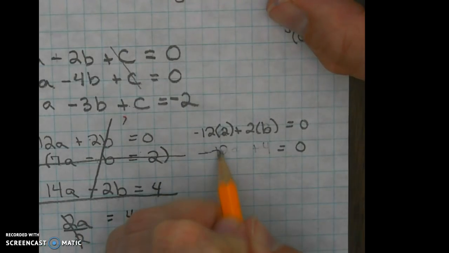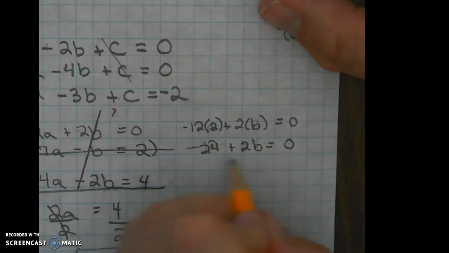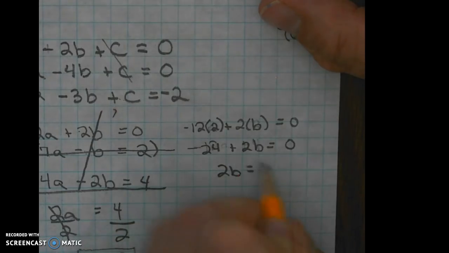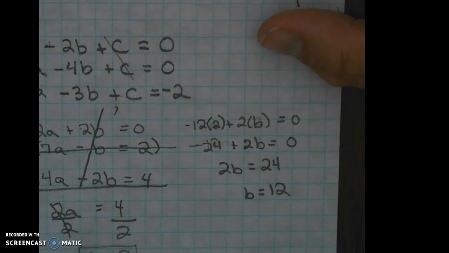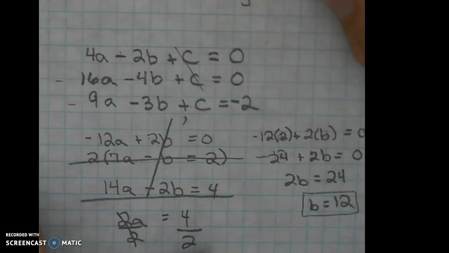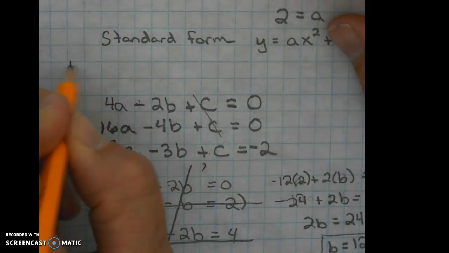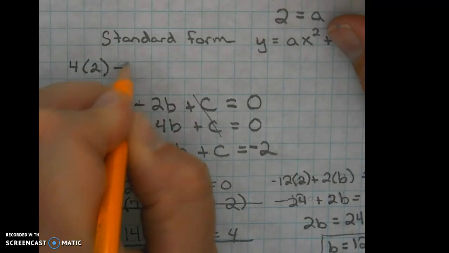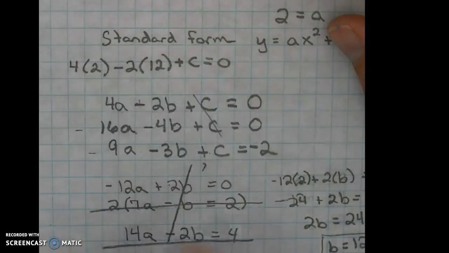So we have negative 24 plus 2b. Adding the 24 on both sides, we get 2b equals 24. And so b equals 12. All right, now to find c. All right, so let's plug both of these back in. I'm going to plug it into the first one. 4 times 2 minus 2 times 12 plus c equals 0.